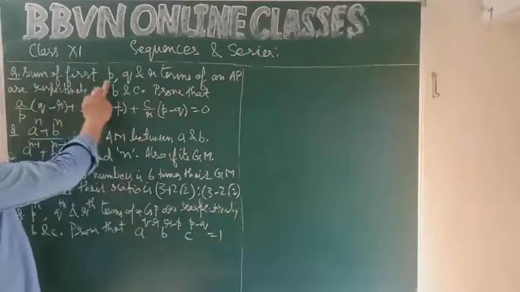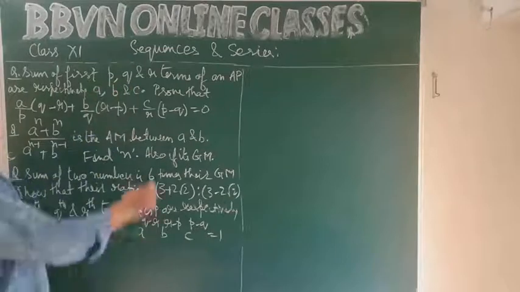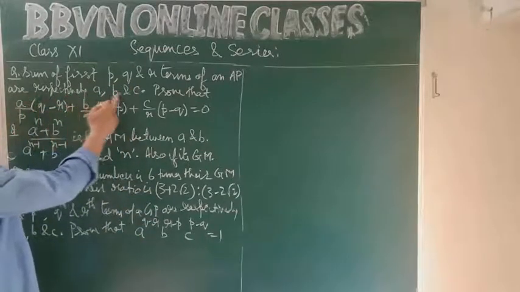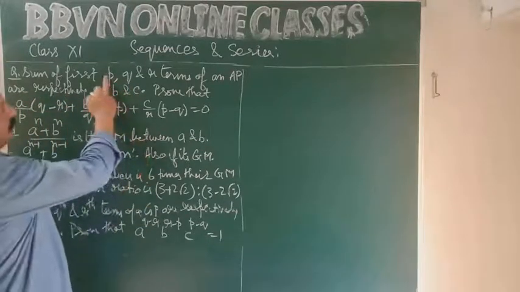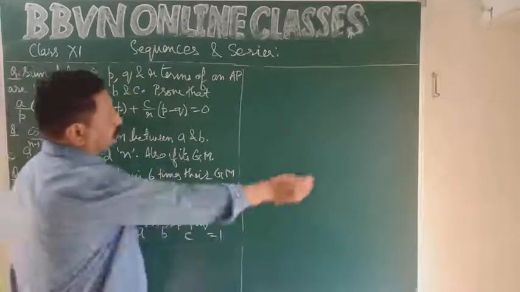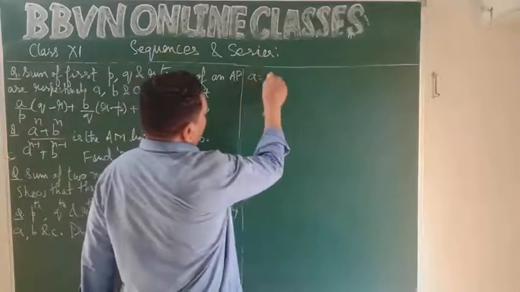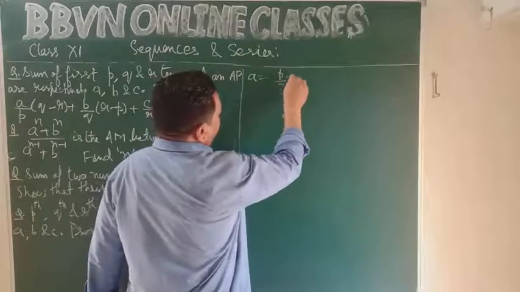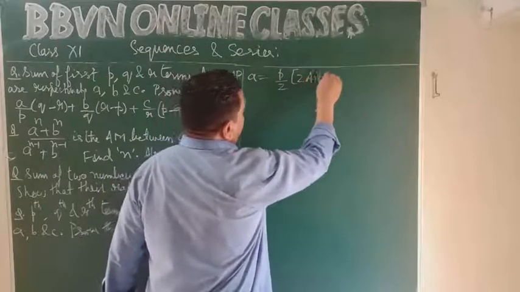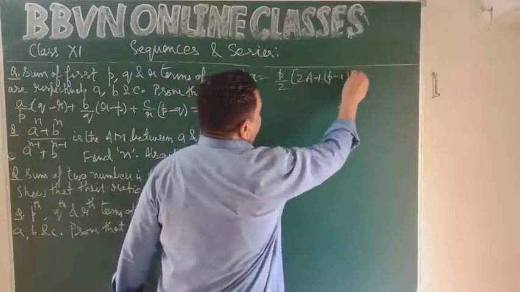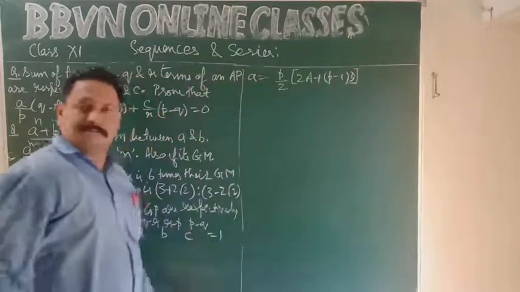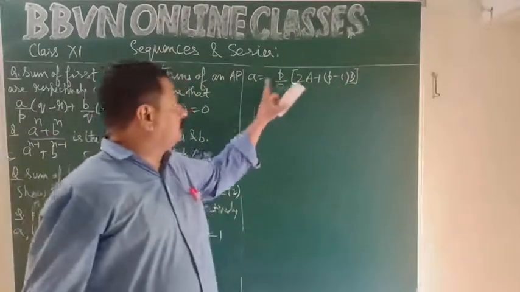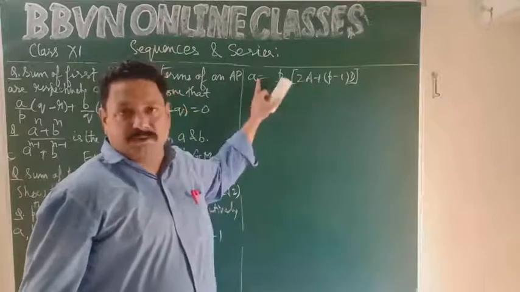Sum of first P, Q and R terms of an AP are respectively A, B and C. So sum of first P terms is A. So A equals P upon 2, 2a plus P minus 1 into D. I have taken capital A so that we do not get confused between these two A's.